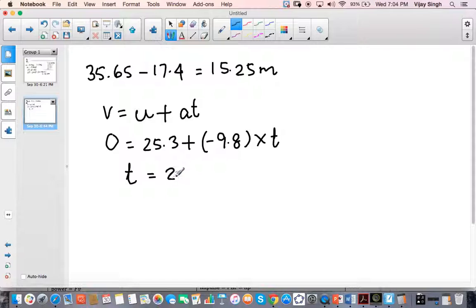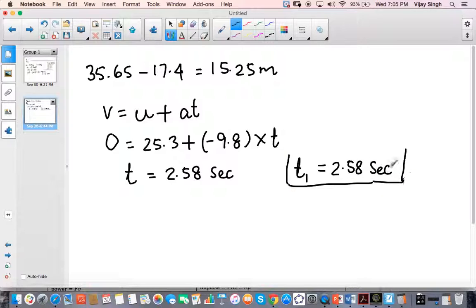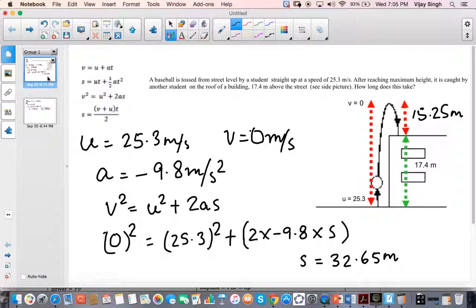Let me call this t1. T1 is 2.58 seconds, the time taken by the ball to go from the lowermost point, where it was tossed, to the highest point.